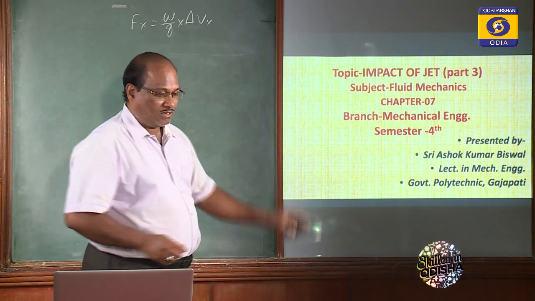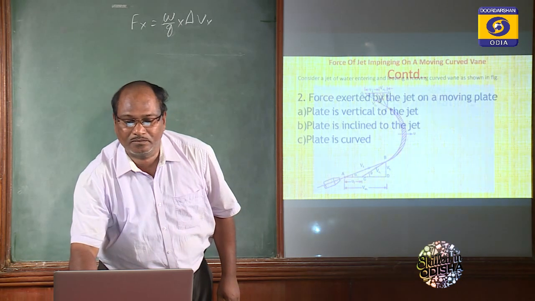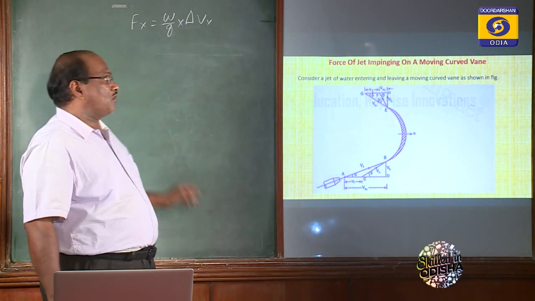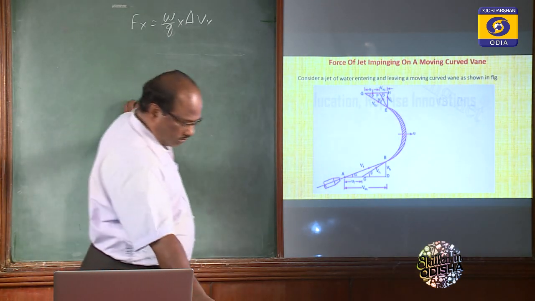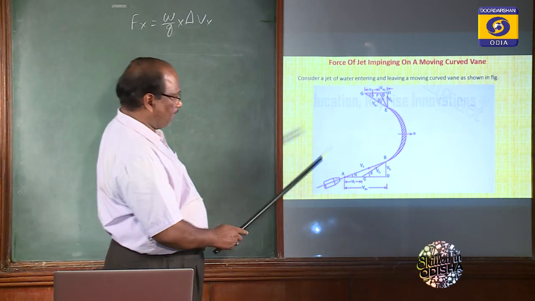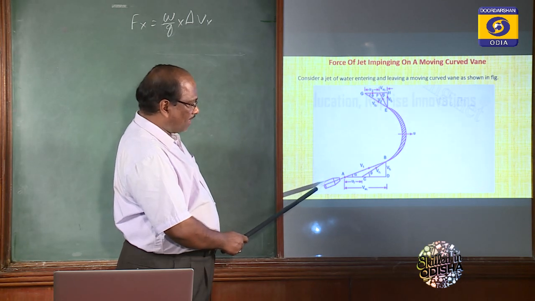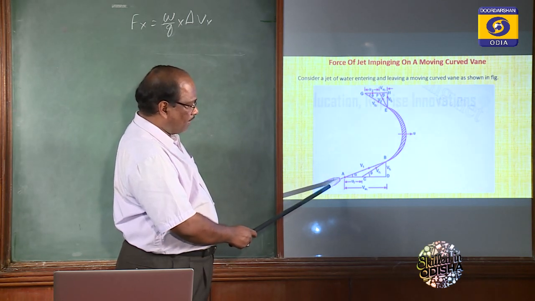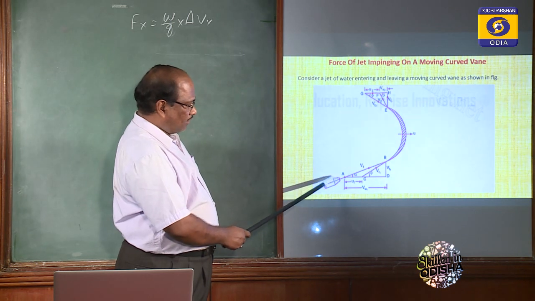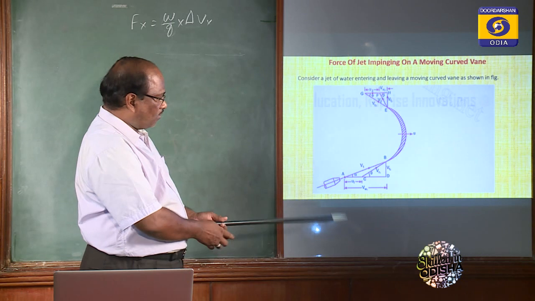But in this case, when the jet is striking a curved plate, how do we calculate the force? Here you see, water from the reservoir flows through the pipeline, then to the nozzle, where the pressure energy in the reservoir is converted to kinetic energy.